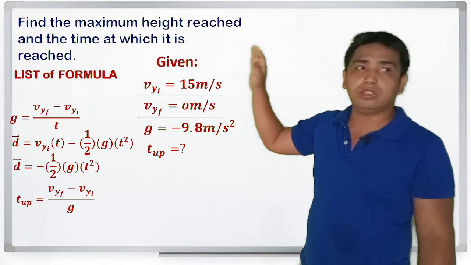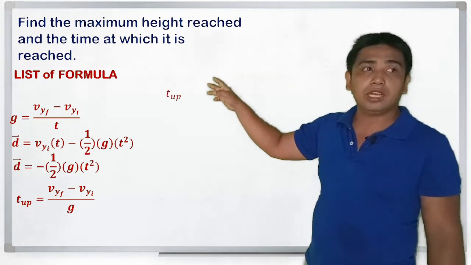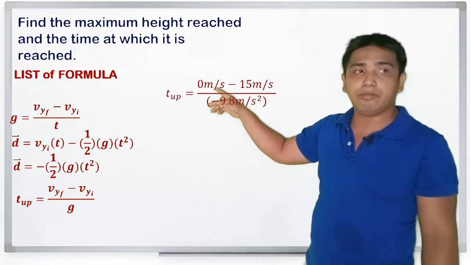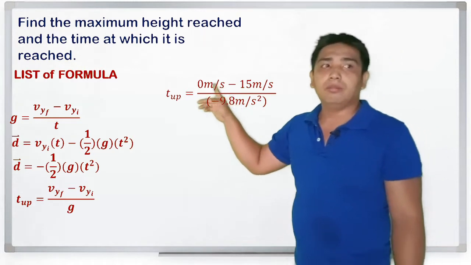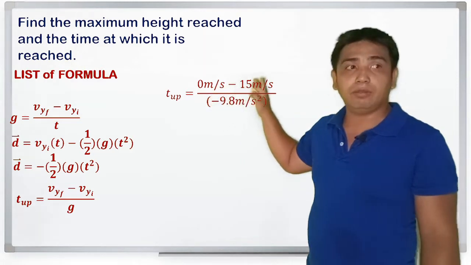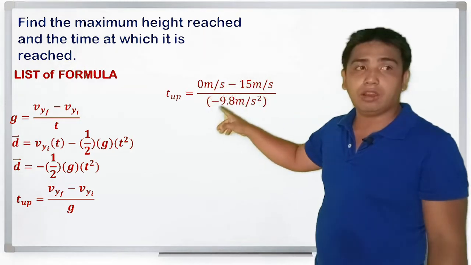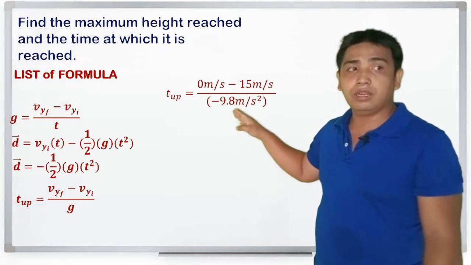Alright, so we substitute. That's gonna be 0 meters per second for Vyf, minus 15 meters per second for Vyi, all over negative 9.8 meters per second squared.